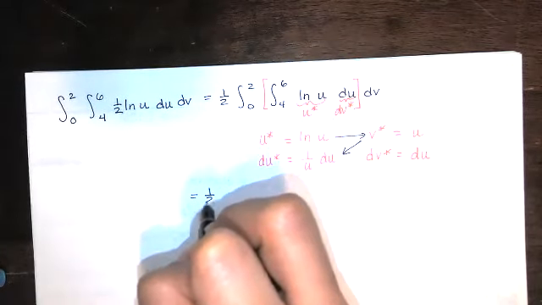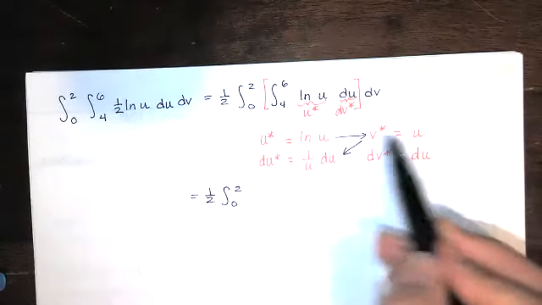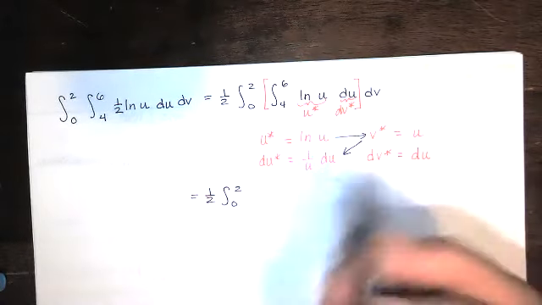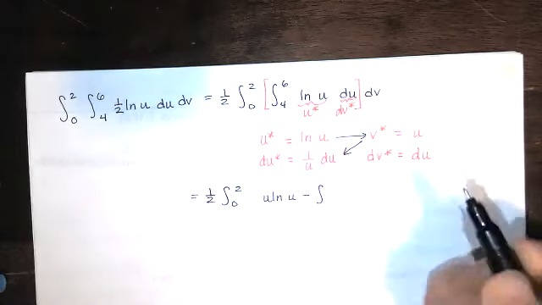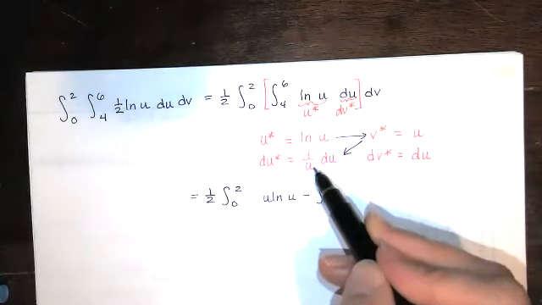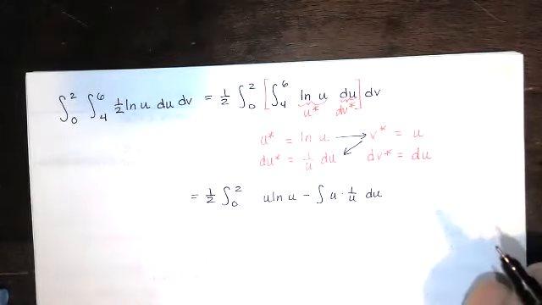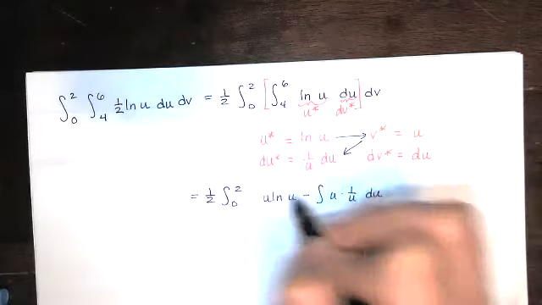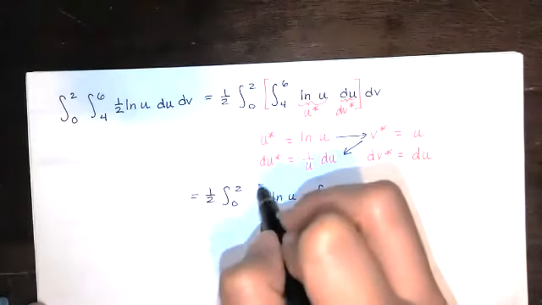So I've got 1/2 of the integral from 0 to 2 of u star times v star, so that's u natural log of u, minus the integral of v times du. And we're evaluating all of this from u equals 4 to 6.